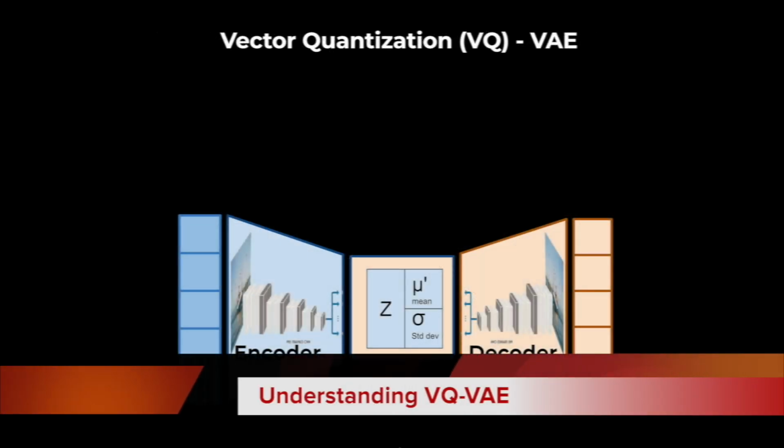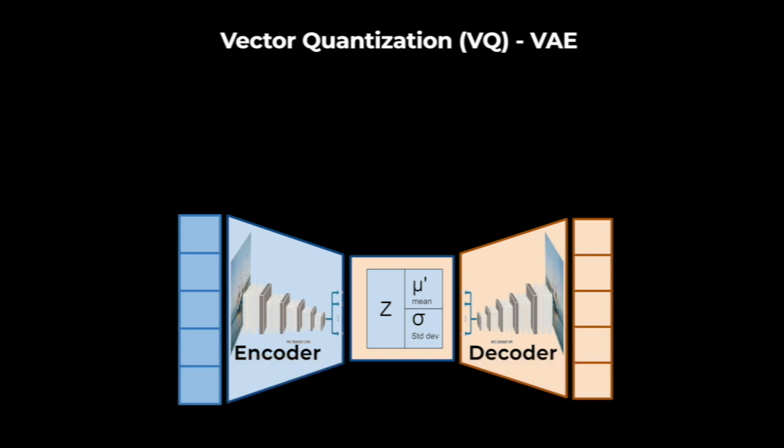We have already understood how the variational autoencoder works and the advantage of adding mean and standard deviation to the latent space. Now we can learn the vector quantization process in the same variational autoencoder.